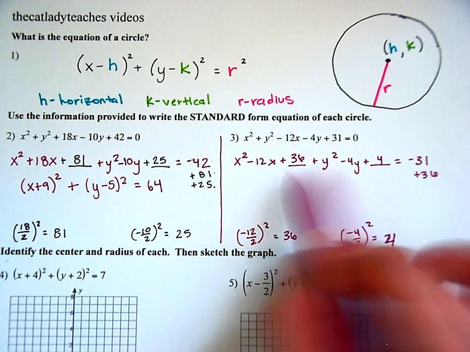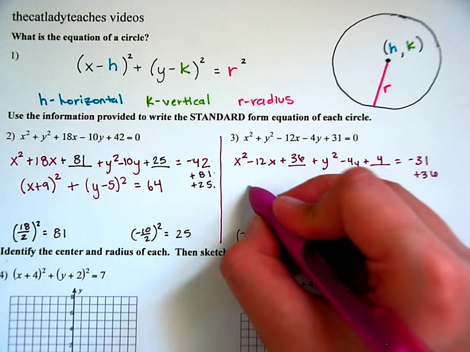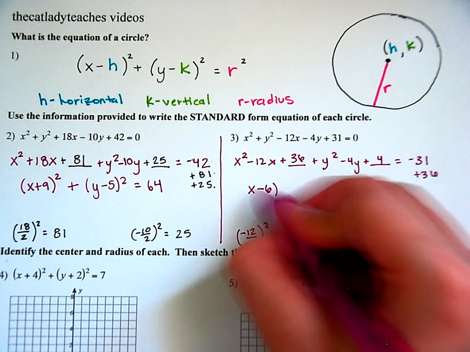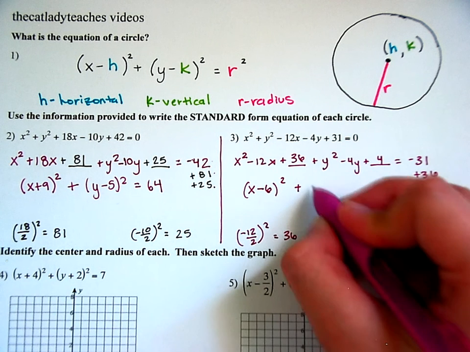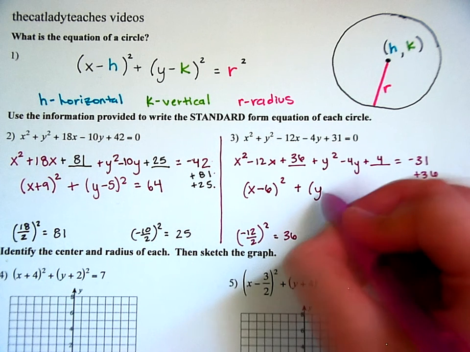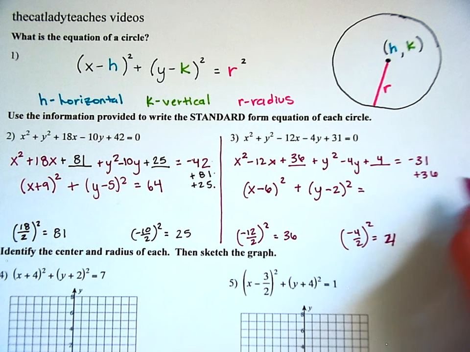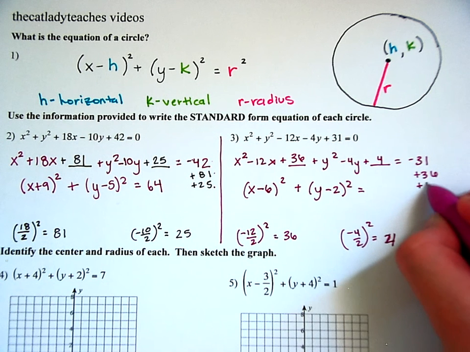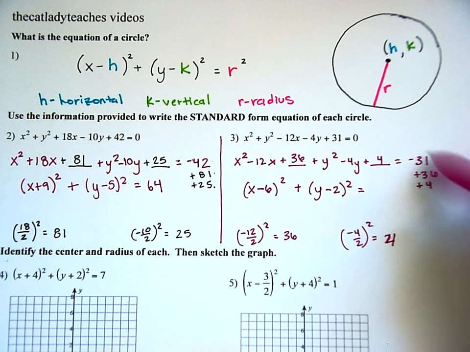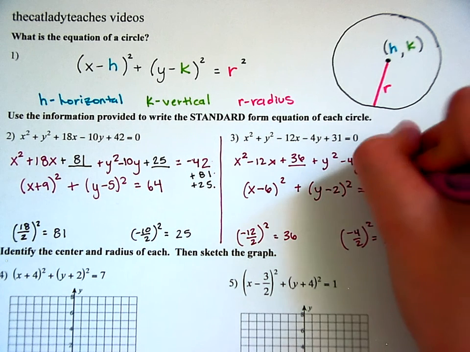And now I can factor these. So I can factor my x's: (x - 6) squared. (y - 2) squared. And then I forgot to add 4 here. Let's add these up. It's going to give me 9.